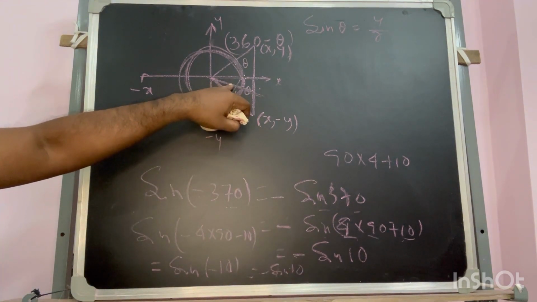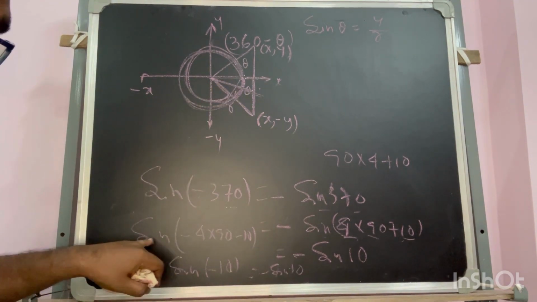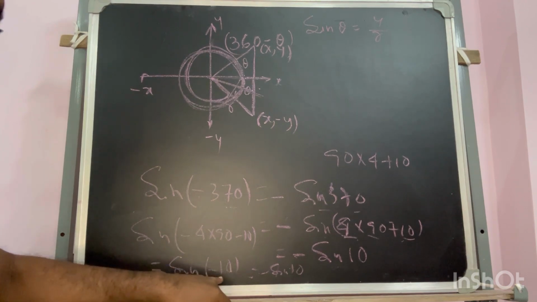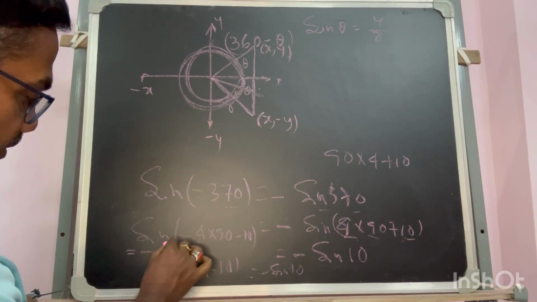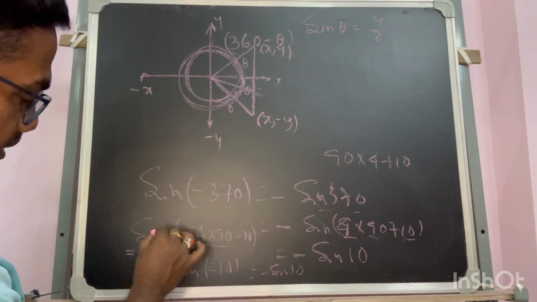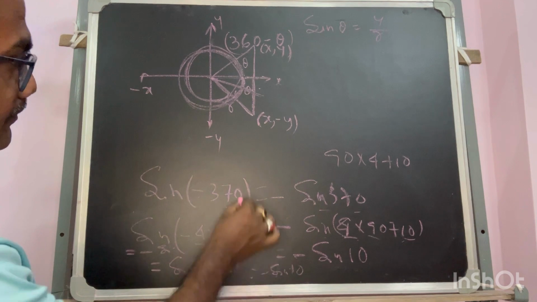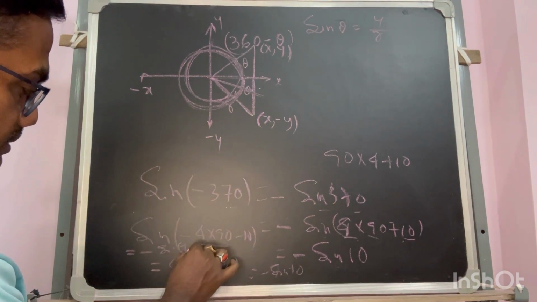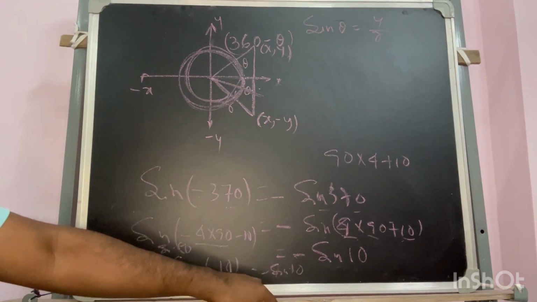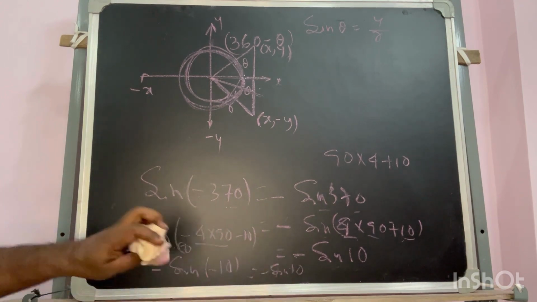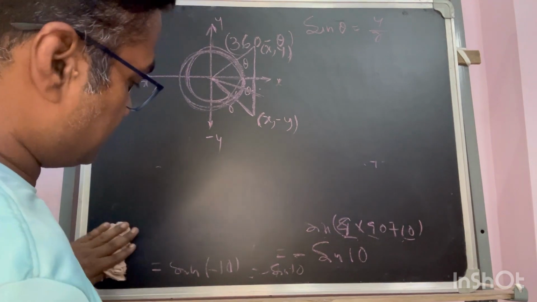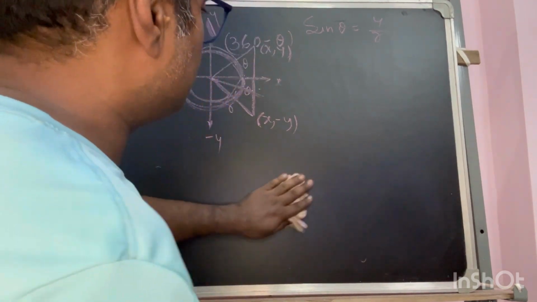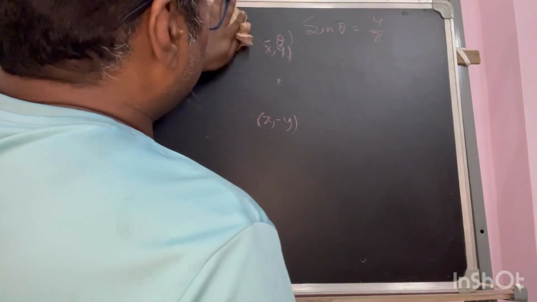Okay, as it is in the fourth quadrant also, you can take the sign directly, as per the earlier case. The sine will be sine, and for the fourth quadrant, the sign will be negative, sine 10. Directly you can write it, or you can follow the other rule. So what are the outcomes?